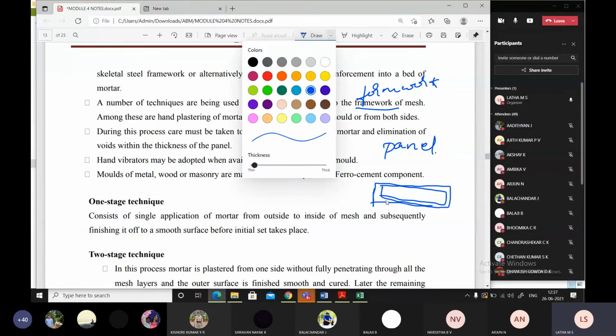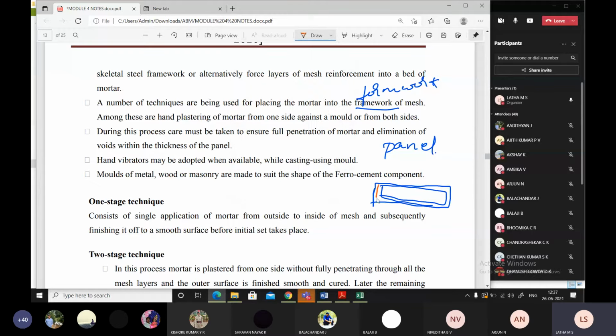Then you should create a box like this with a formwork, and within the center line of the box you have to place the mesh. Then fill the mortar. You have to compact and fill the box. Then you will get the rectangular box completed. So such types of tricks or techniques may be involved.